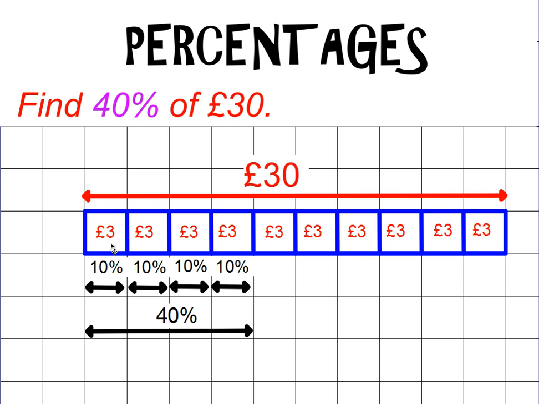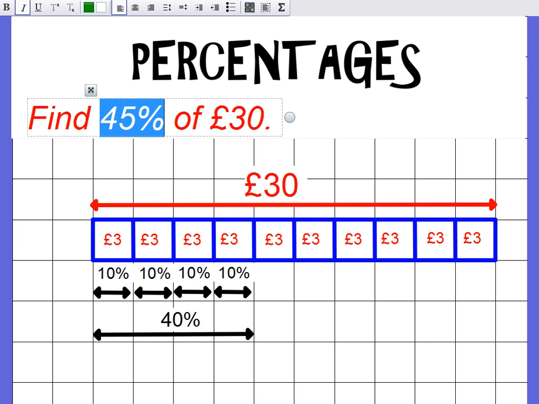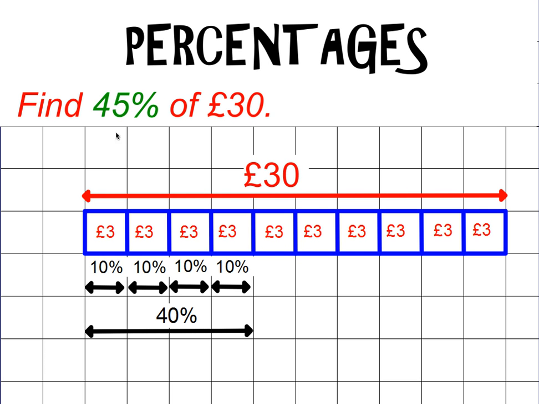So altogether, 40% is just 3, 6, 9, £12. But what if we need 45%? Don't worry, this one's just another trick.